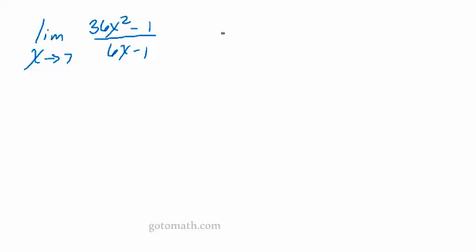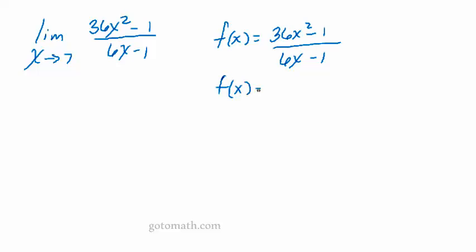Now I'm going to write this as a function here: 36x squared minus 1 over 6x minus 1. And what we're going to do now is factor this, and this is something that we do big time in the next section, so that's kind of the reason I'm doing it.